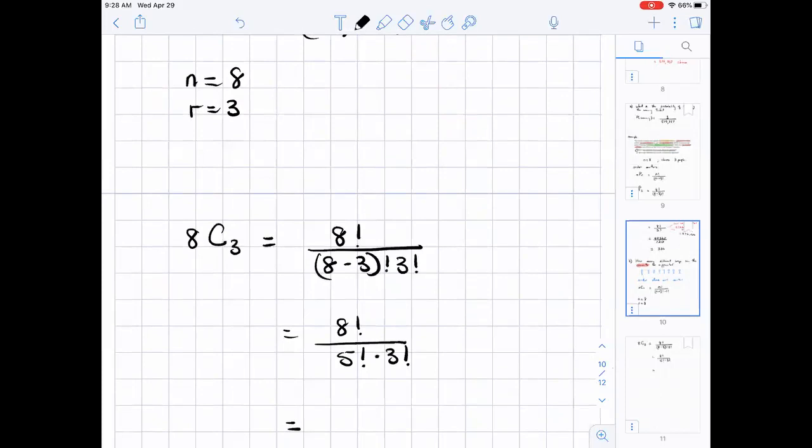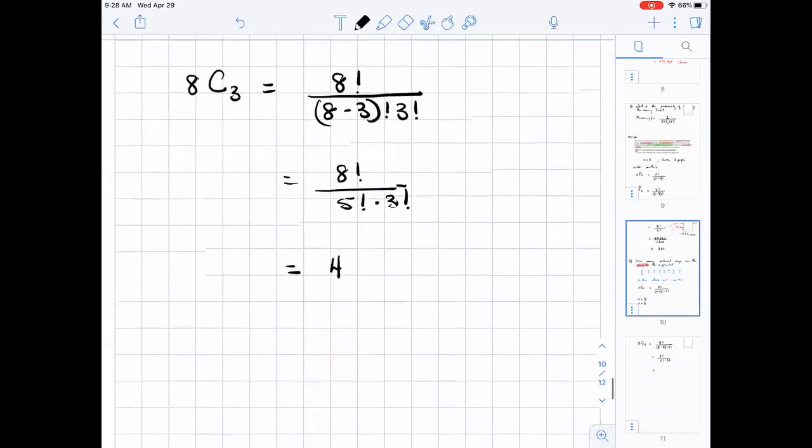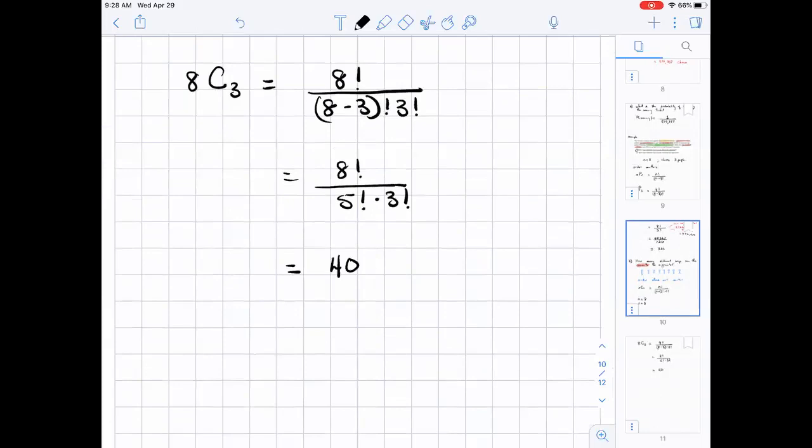But if we work this out, 8 factorial we knew from before was 40320, divided by 5 factorial, which we knew is 120, right? But we're multiplying this now by 3 factorial, which is 6.